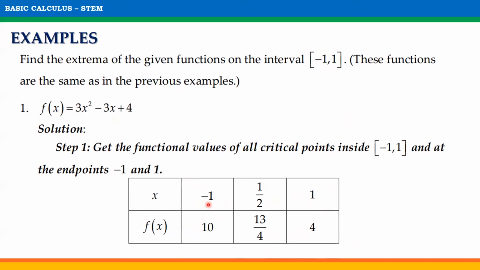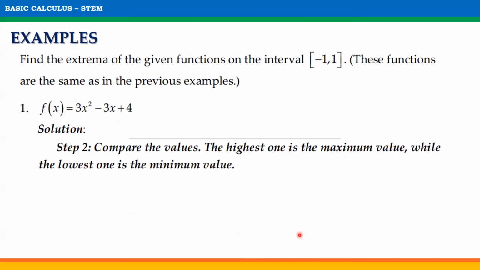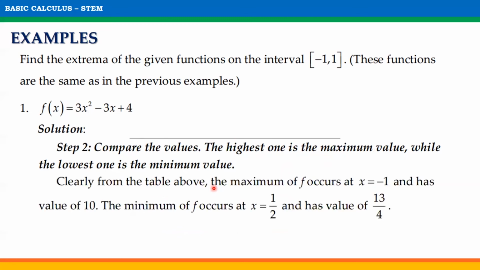If x is equal to -1, then the value of f of x is 10. If x is equal to 1/2, then the value of f of x is 13/4. When x is equal to 1, then f of x is equal to 4. Step 2. Compare the values. The highest one is the maximum value, while the lowest one is the minimum value.